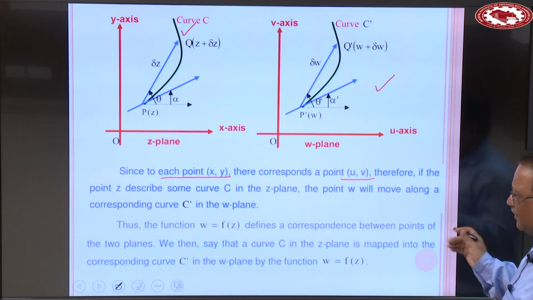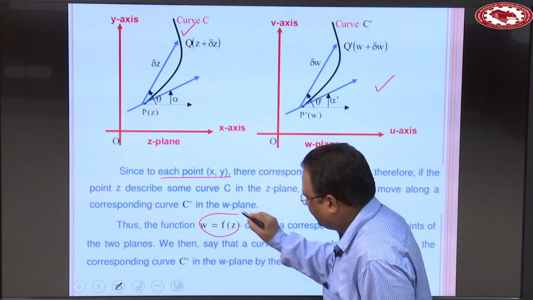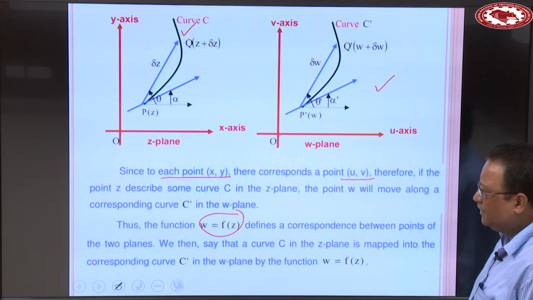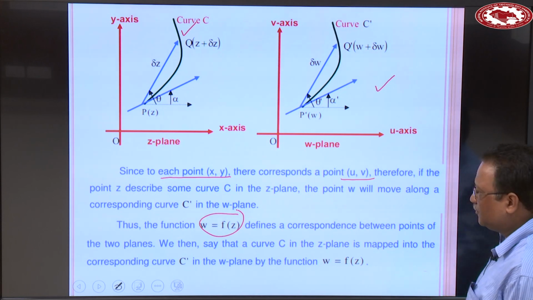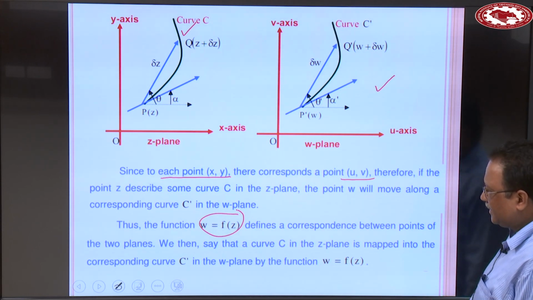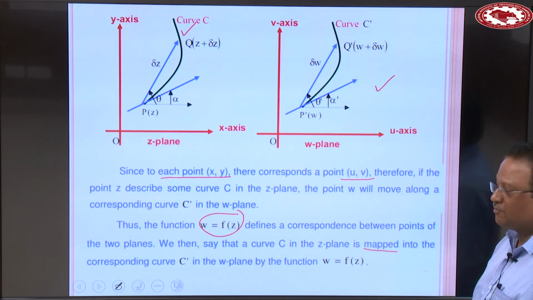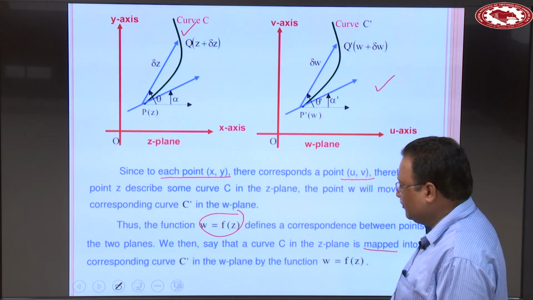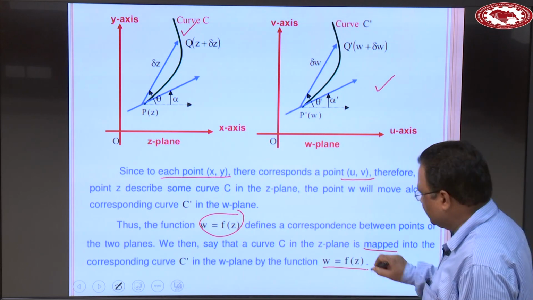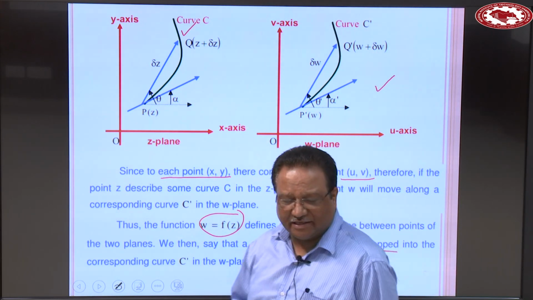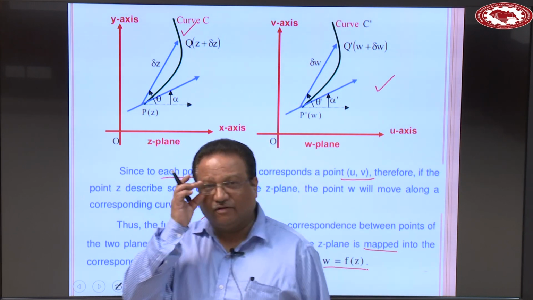Thus, the function w = f(z) defines a correspondence between points of two planes. We say that the curve C in the z plane is mapped into the corresponding curve C' in the w plane by the function w = f(z). In this way we can represent this type of function graphically.